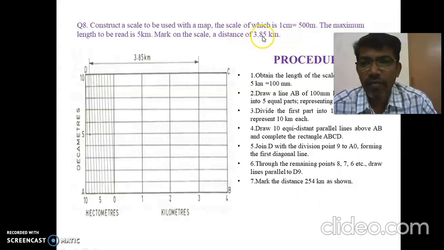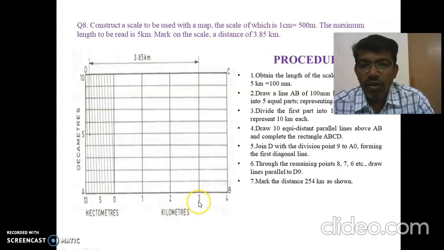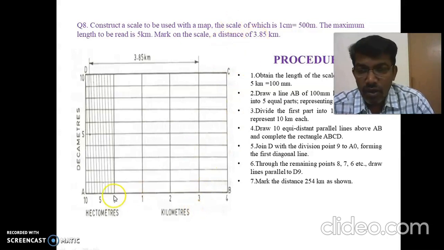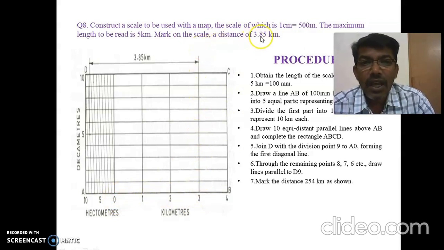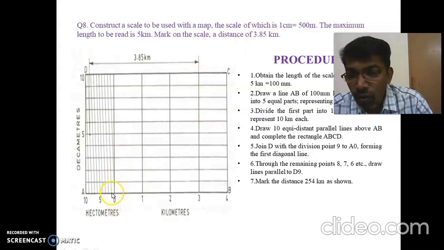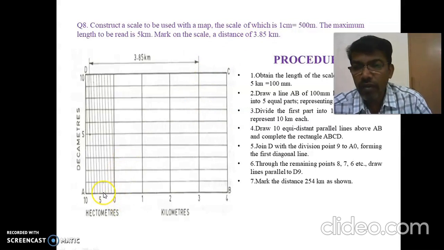Sorry, it's 3.85. So 3.85 means 3 kilometers. Now this is 0 to 1, 1 to 2, 2 to 3. This is 3 kilometers. Now I draw a line here, an extension, and next 8 hectometers. So now I count 1, 2, 3, 4, 5, 6, 7 and this is 8.